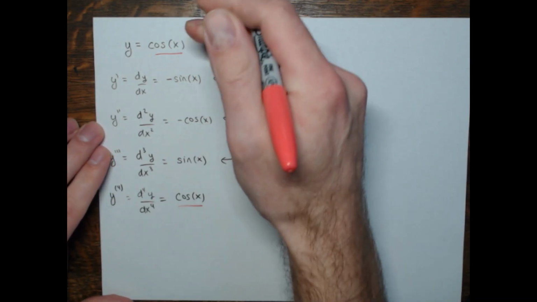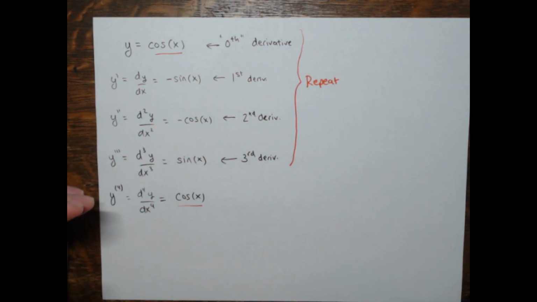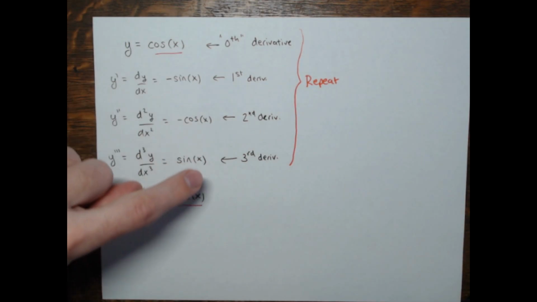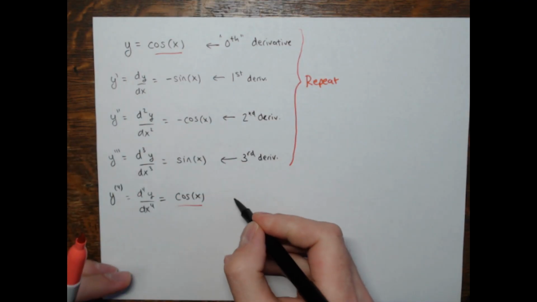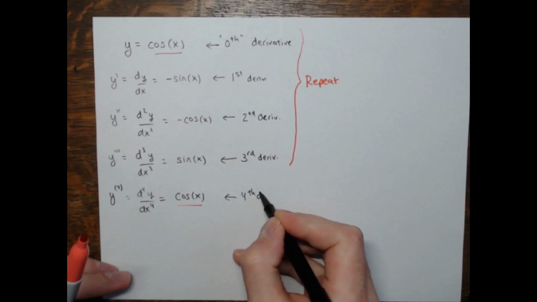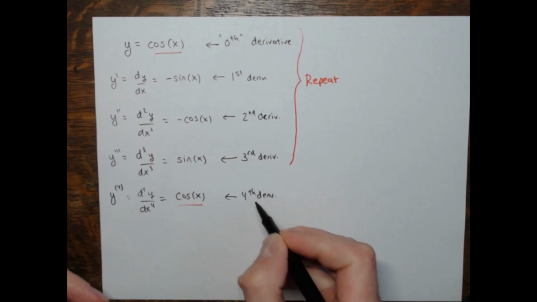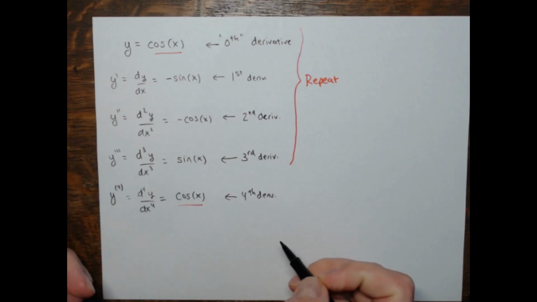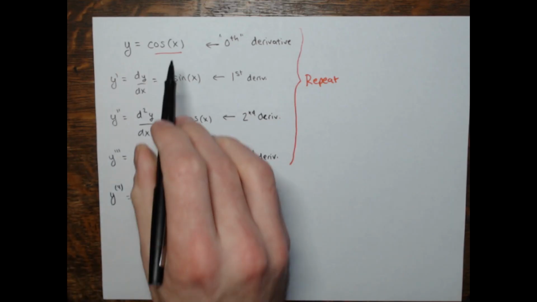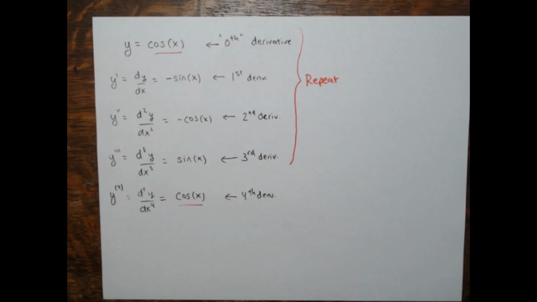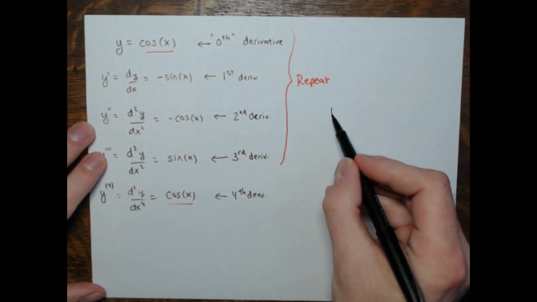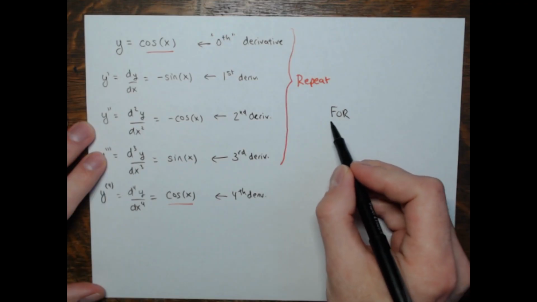You repeat every four. So the fourth, the eighth, the 12th, the 16th, the 20th derivative would all be cosine. So pretty similar to the sine function.